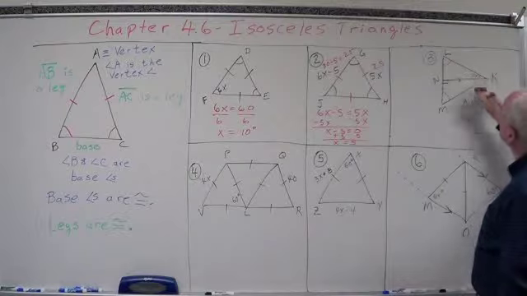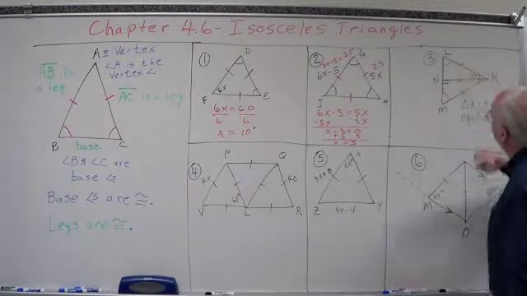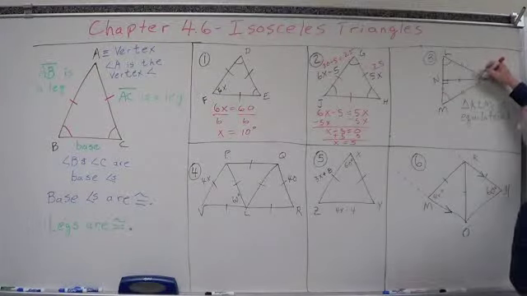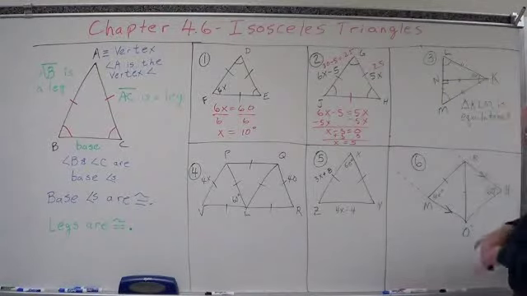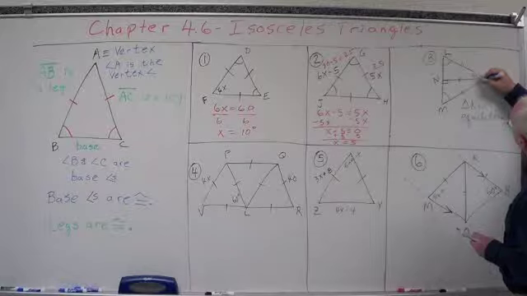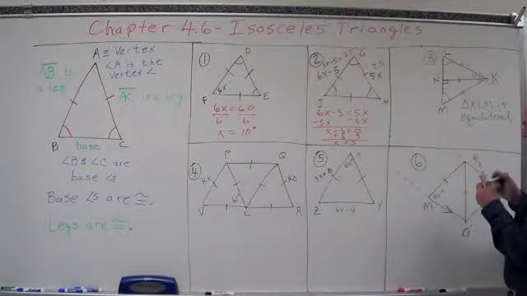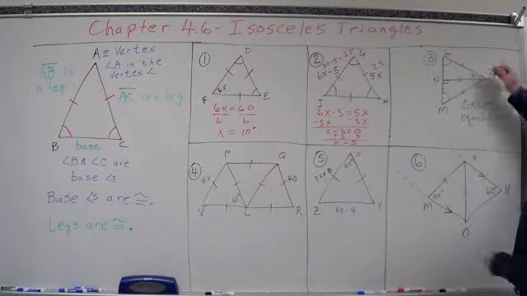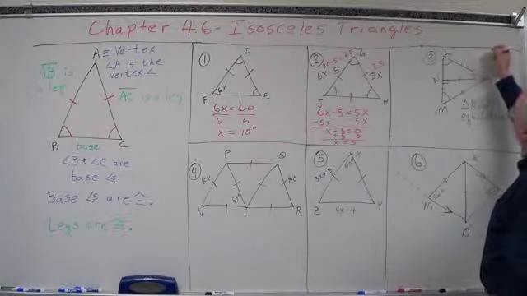These are congruent. This is an equilateral triangle, so those are congruent. Therefore, these two sides are congruent. These two angles are congruent right here. That's congruent to that.